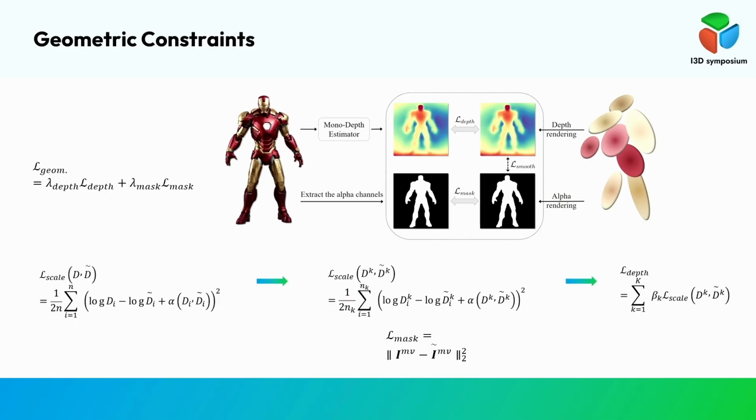Initially, a multi-view diffusion model is employed to generate images from multiple viewpoints. Subsequently, a monocular depth estimation model is used to predict the depth maps of these views. We also employ a scale invariant loss function that accounts for both the monocular depth scale and the 3D Gaussian depth render scale.